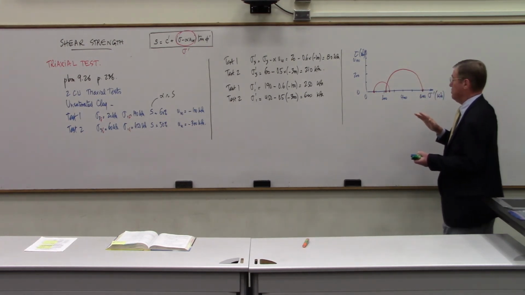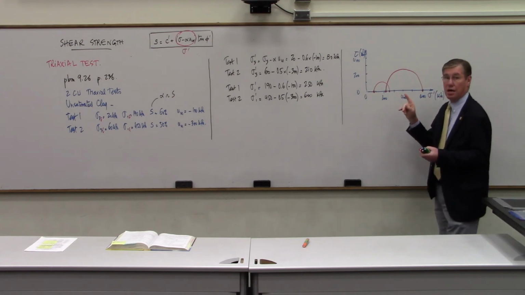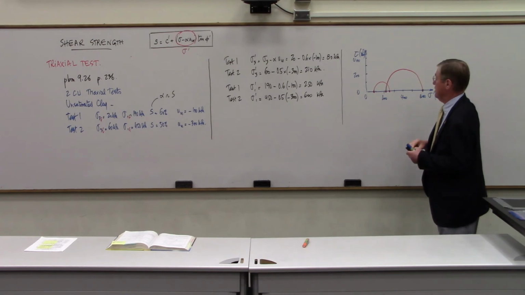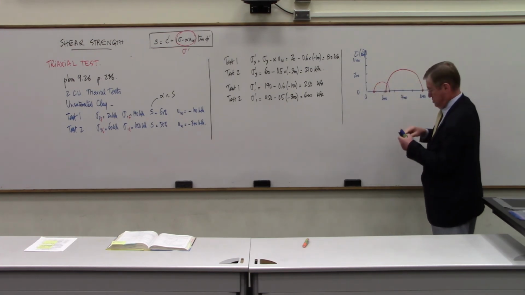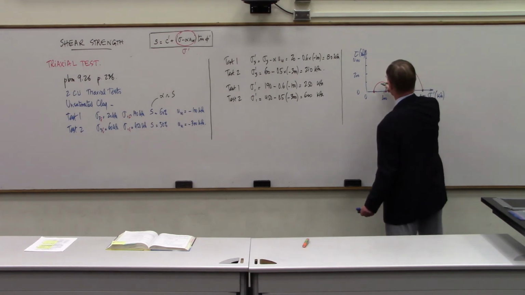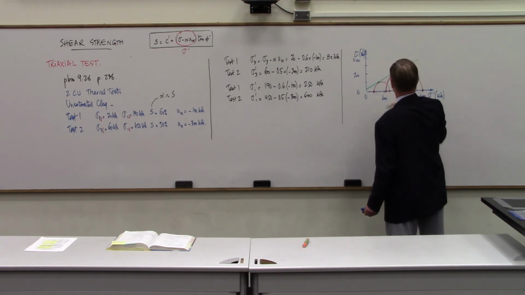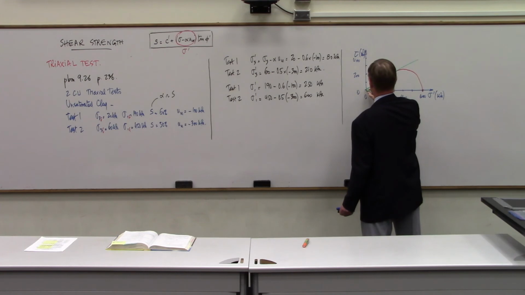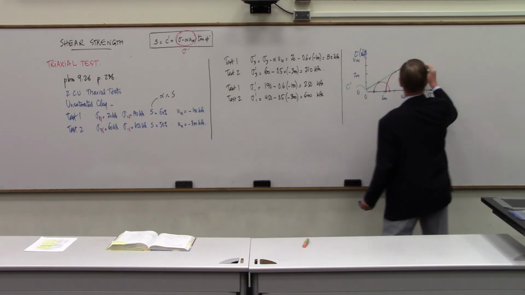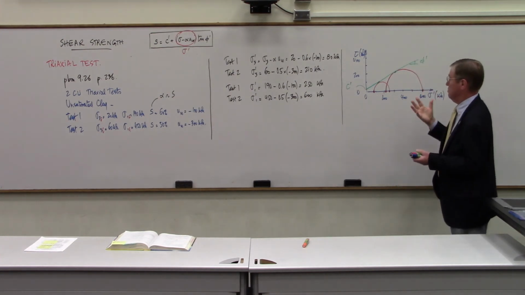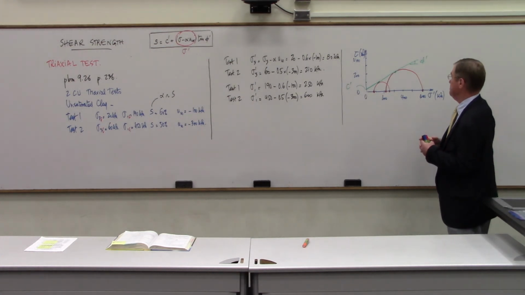And now we have the two circles. These are circles of the test at failure. So therefore, I can use a tangent to both circles, and find the common tangent. Well, sort of. Tangent to both circles, and then that's going to give me c prime and phi prime. And so that's a graphical solution to the problem.